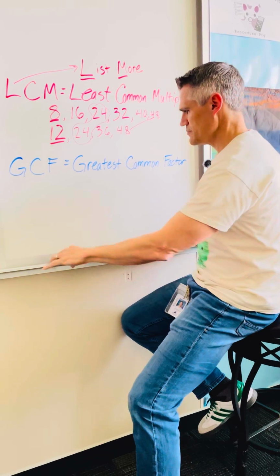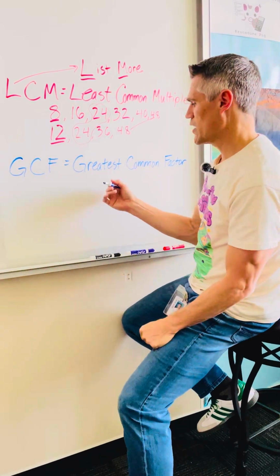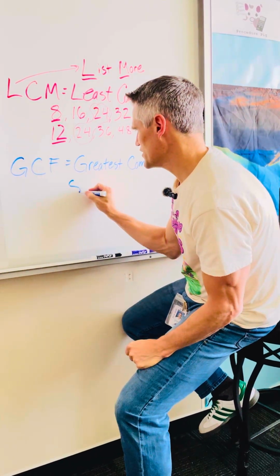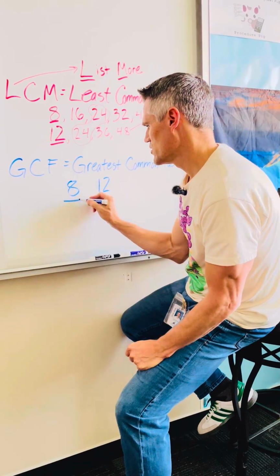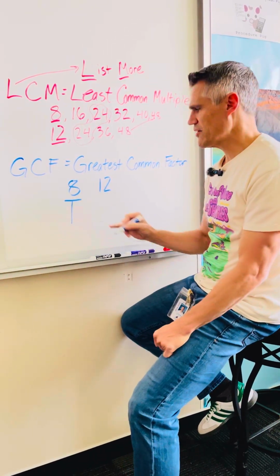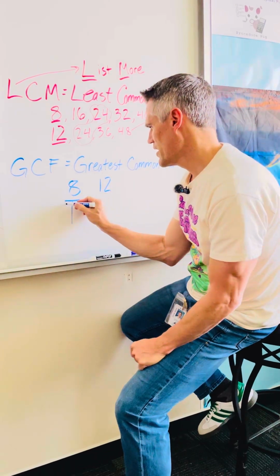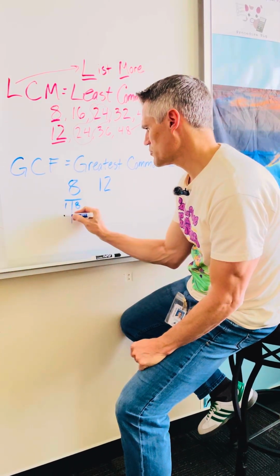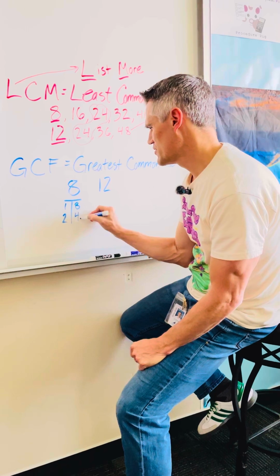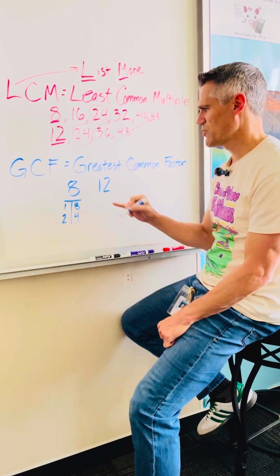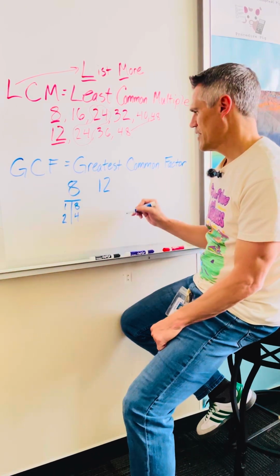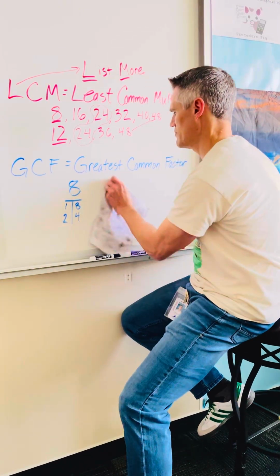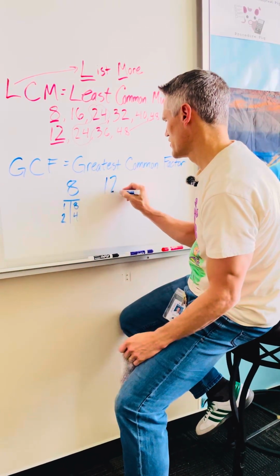GCF, let's take 8 and 12 as well. If you have to find the GCF, the greatest common factor of those two, common ways of doing that are making a little T-chart here, and we list the factors that when multiplied together give us the number we're working with. So with 8, 1 times 8 is 8, 2 times 4 is 8, and with 12, I'll scoot that over just a little bit.